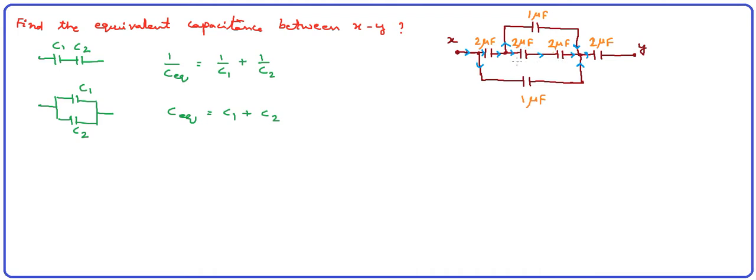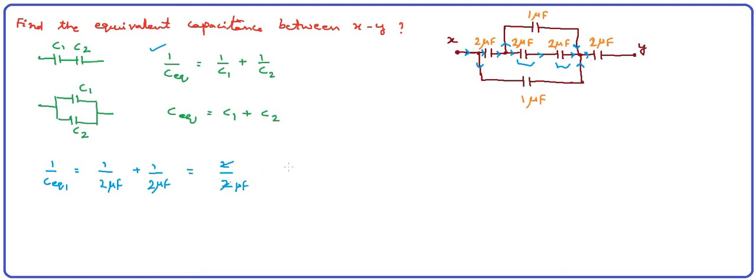Here we can easily identify that these two capacitances are in series because the same current is flowing through them. So C equivalent 1: these two are in series, so I need to write this formula. 1 by C equivalent 1 is equal to 1 by 2 microfarad plus 1 by 2 microfarad, which is equal to 2 by 2 microfarad.